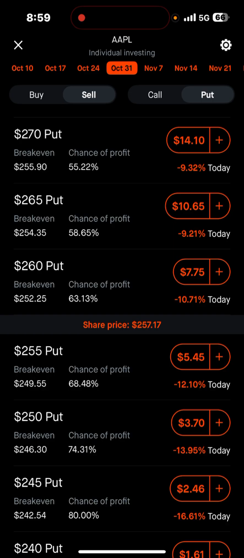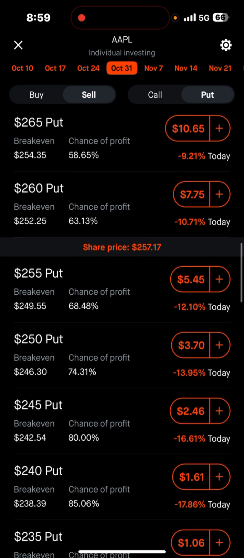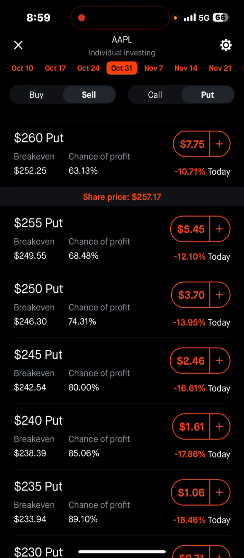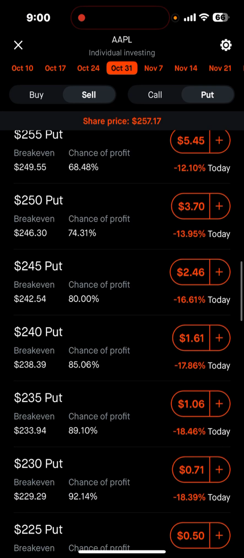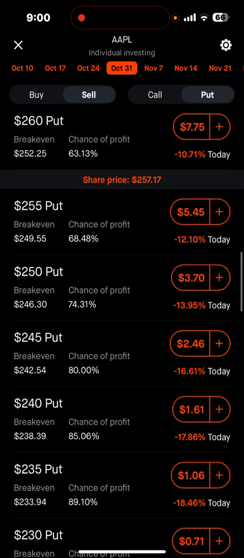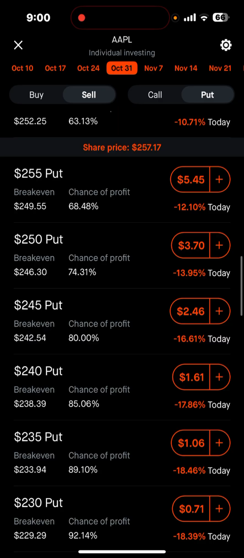So that's what you want. Here you select sell, and here put. Right now Apple's share price is $257.17. Robinhood gives you a probability of profit.